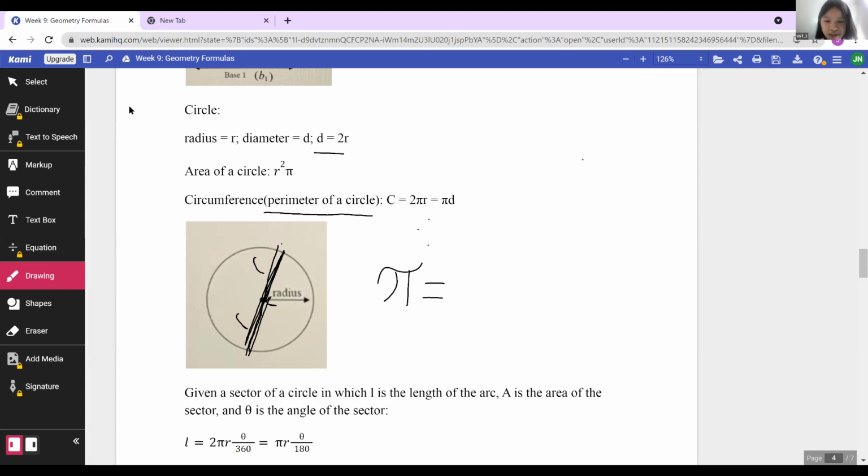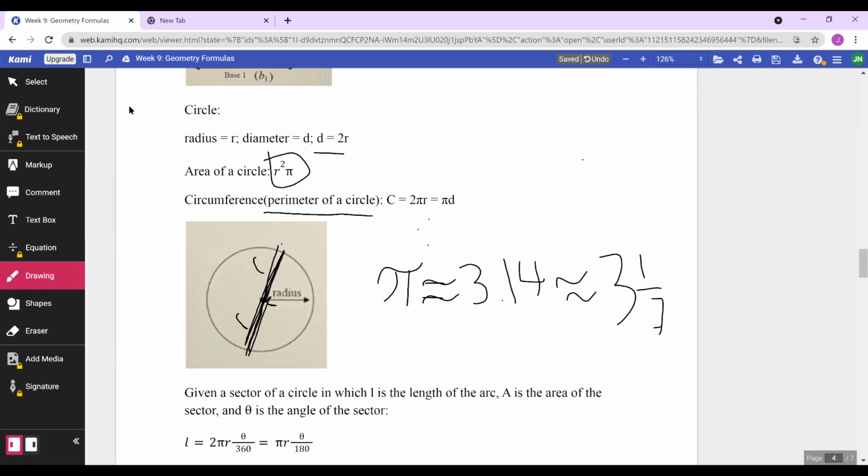That's pi, which is about 3.14, and also about 22/7. This is what mathematicians use to denote the number in the area and circumference. We don't need to get into why.